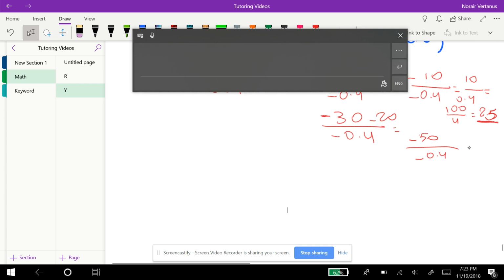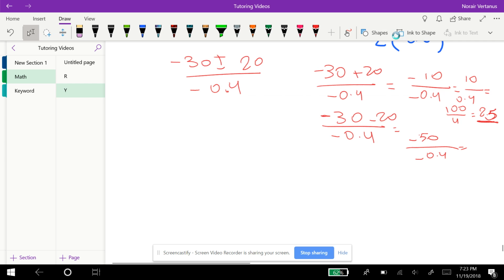The negatives cancel, and then multiply by 10 to get rid of the decimal. That's going to be 500 over 4. If you divide it, it's going to be 125.